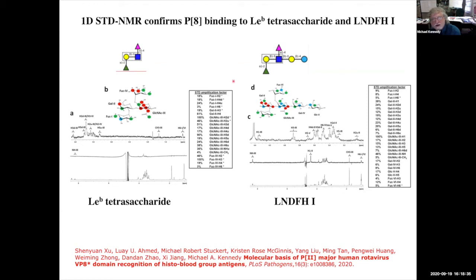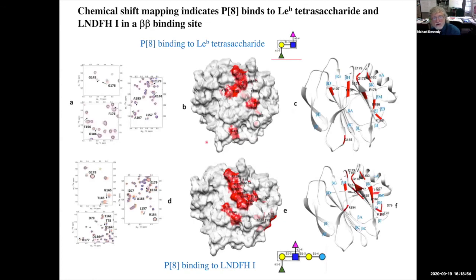And we did our saturation transfer difference NMR experiments and we confirmed binding, and we were able to identify the epitopes for binding, with the red circles indicating those that experience the strongest saturation transfer. So we went on to do the chemical shift perturbation mapping on the surface of the protein. Again, we were able to assign all of the data and do the mapping onto the surface of the protein.